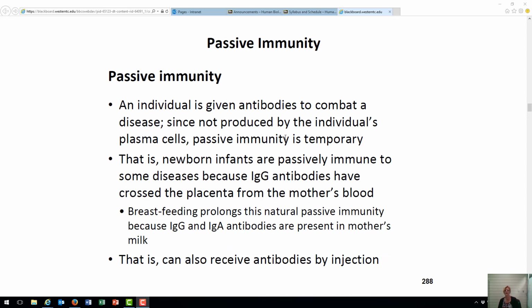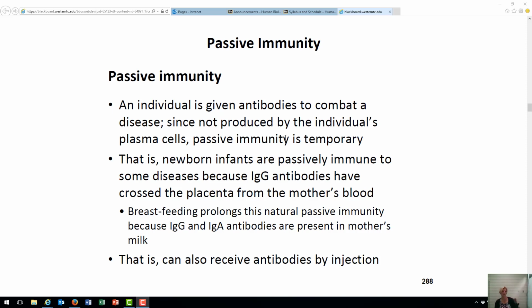Passive immunity is when we don't have time to give somebody a vaccine. Maybe they've been exposed already to an illness, like for example, a rattlesnake bite is not something we want to wait for someone to build antibodies to, because they're going to die in the process or have serious complications.